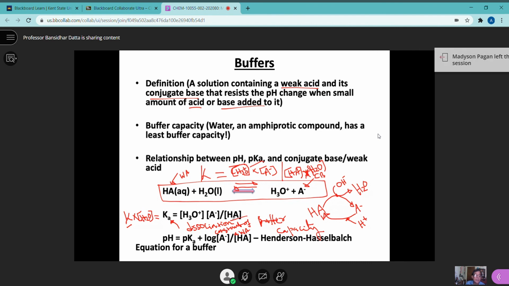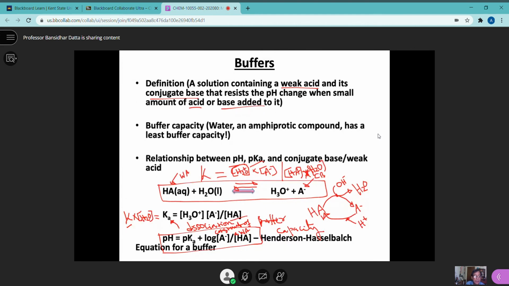Now, if we take the negative log from this side and the negative log from this side, ultimately after solving this equation, you can come up with the equation called pH. pH equals pKa plus log of A minus divided by concentration of HA. You know the pH is negative log of concentration of hydronium ion. pKa is negative log of Ka.